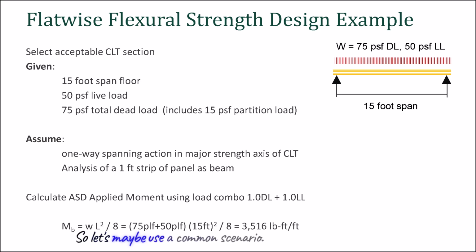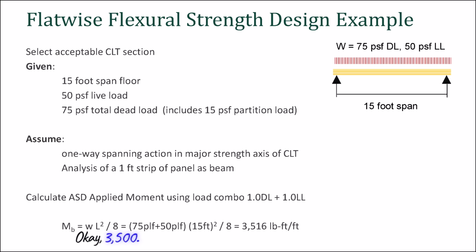So let's use a common scenario, say a 15-foot span floor. It's carrying a typical live load, people, maybe some movable furniture, and also a significant dead load from the building's own weight, partitions, finishes. Standard stuff. Pretty standard. Designers calculate the maximum bending force, the moment, that the panel will experience under those loads. For our example, let's say it comes out to around 3,500 pound-feet per foot of width.